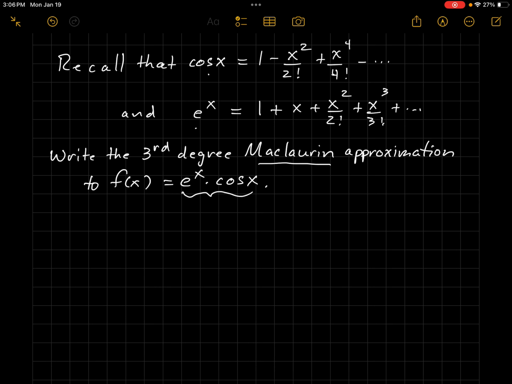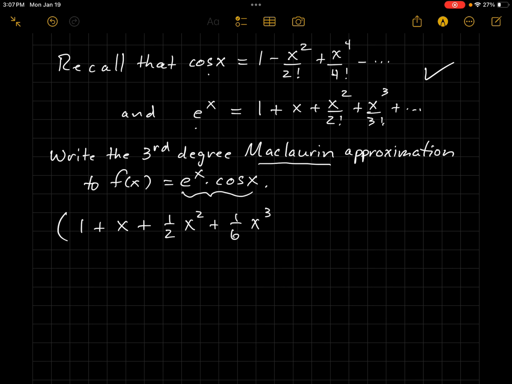Now, again, I could take a lot of derivatives to do this one, but I would rather use stuff that I know and see if I can solve it more easily. So let's look at e to the x. E to the x is 1 plus x plus 1/2 x squared. I'll simplify some of these terms. Plus 1/6 x cubed.